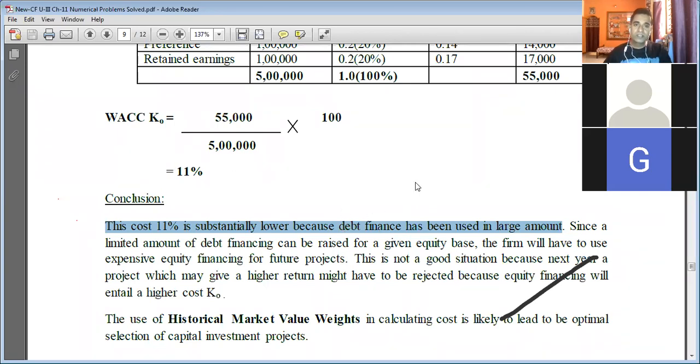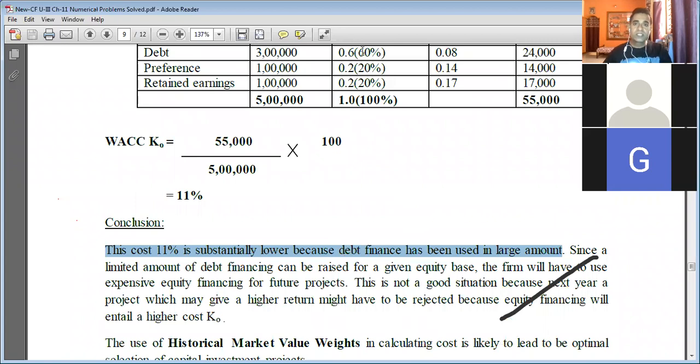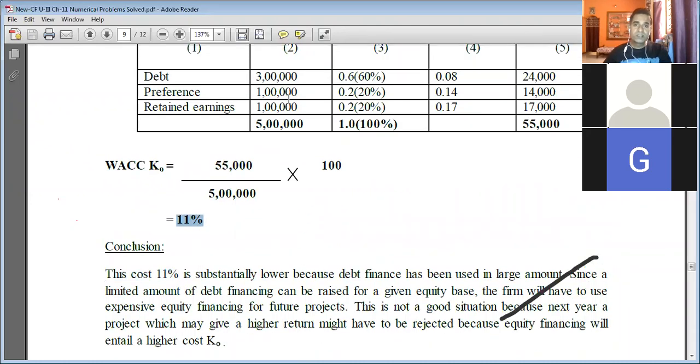Here, 60% of the 5 lakh rupees is raised through debt capital. Hence debt capital is a cheaper source of finance. Therefore the cost of capital under marginal weights is lowest, not because of the use of marginal weights, but because of the higher proportion of debt in the additional capital.